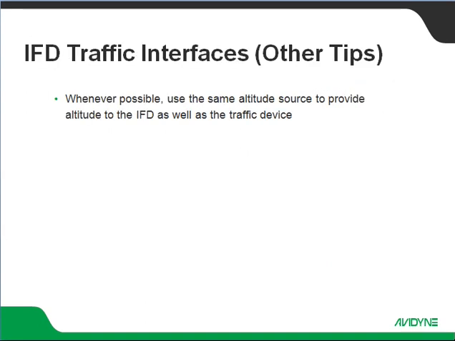A couple other things just to try to wrap this thing up. This has gone on a little longer than I intended to, but hopefully you've taken some good information out of this. Whenever it's possible, use the same altitude source to provide altitude to the IFD as well as the traffic device. That can save you a lot of heartache and potential altitude loop type scenarios, especially when we're starting to dabble with the ADSB stuff.